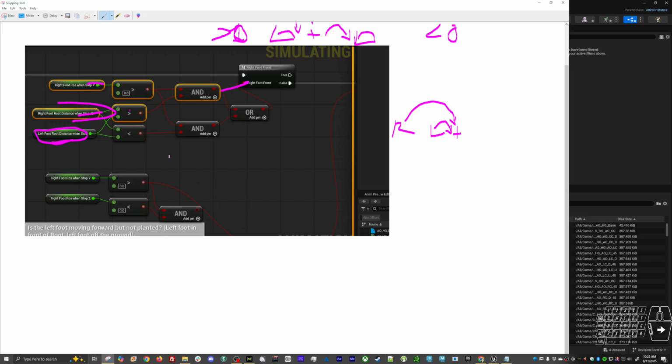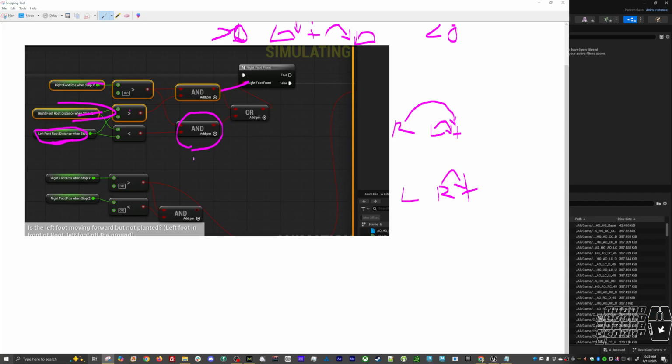Okay. And then the other one is you're greater than, so we're just checking to see if the right foot is behind again. And so you're greater than, so that means the right foot is basically here. So your right foot is less than the distance. So now we're just saying that the right foot is closer to the root in this scenario.